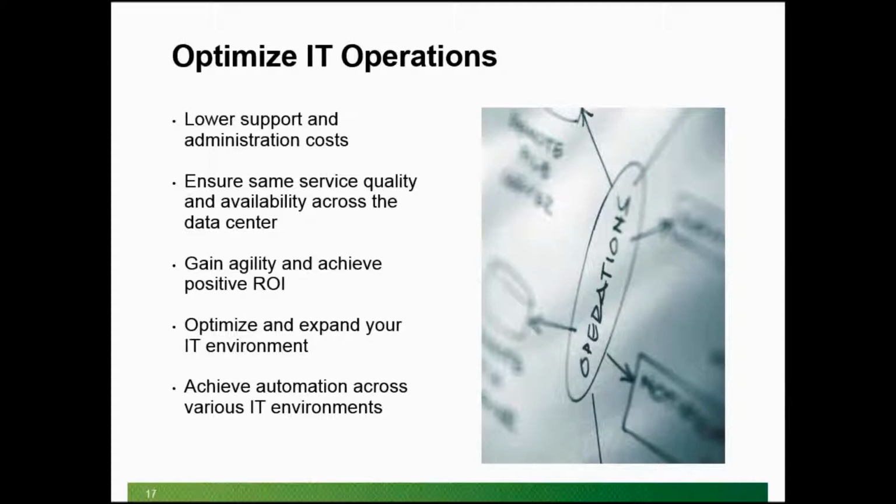Administration costs obviously because you can automate tasks, but also in the long run support costs go down. You can ensure the same service quality and availability across the data center because all the patches that you've rolled out on all the servers have been installed the same way. They've run through the same rigid pre-testing and staging and so on.